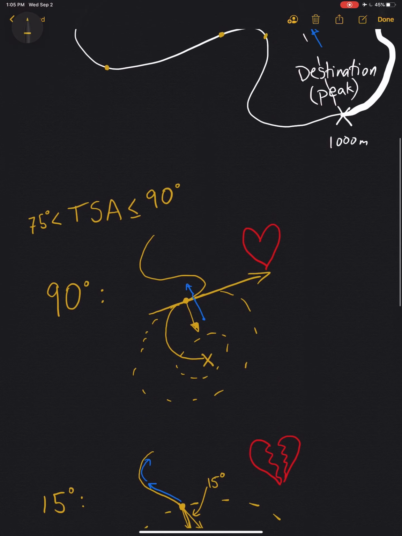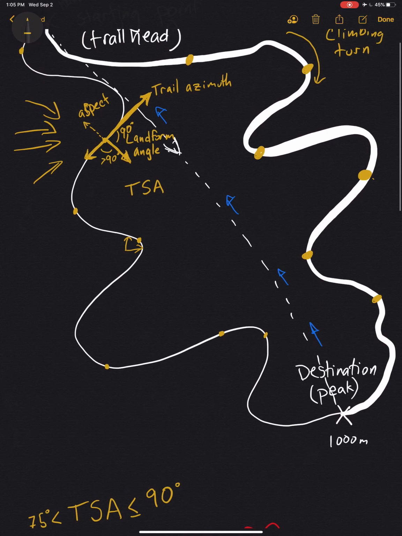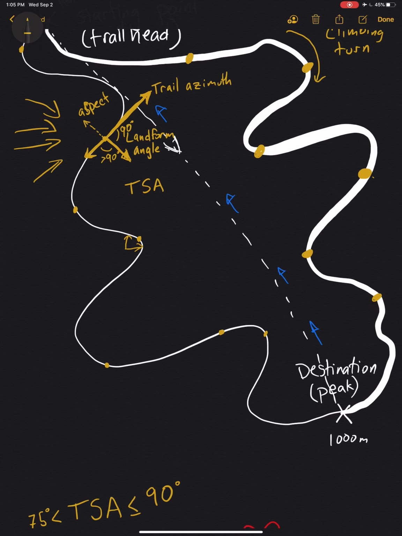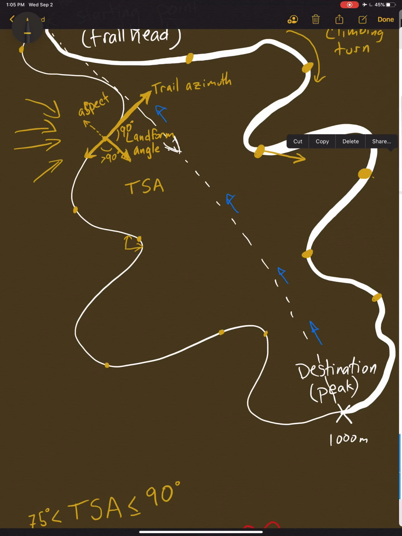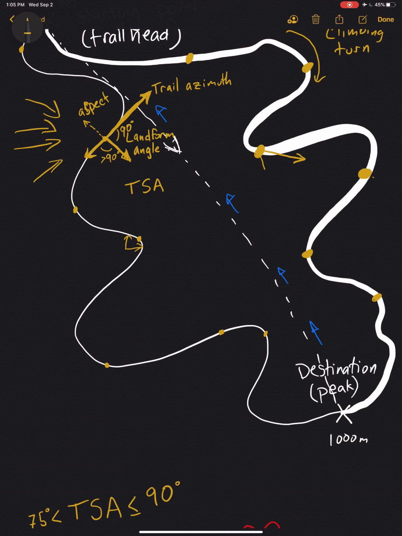So, back to our exercise. For each one of these randomly or arbitrarily assigned spots along each of these trails, draw an arrow following precisely in the direction that the trail is going at that spot, and then draw an arrow directly towards the summit, and just estimate for yourself, is this greater or less than 75 degrees?